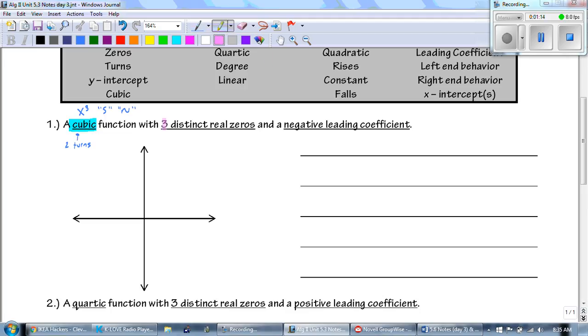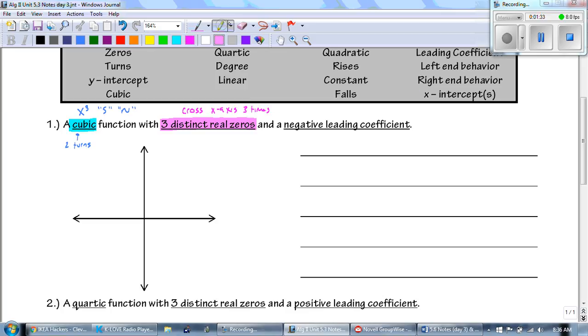Something else it needs is three distinct zeros. If there are three distinct zeros, that means our graph is going to cross the x-axis 3 times.